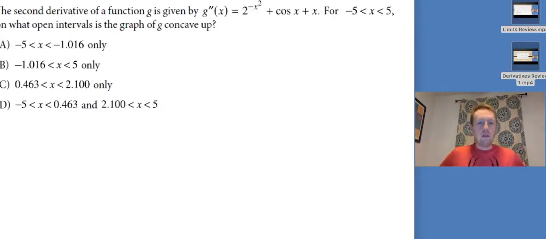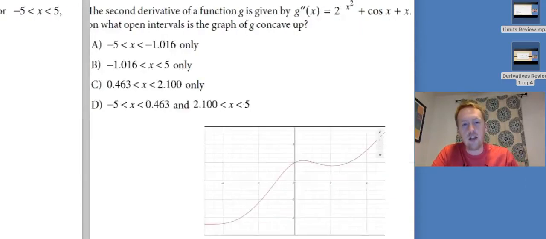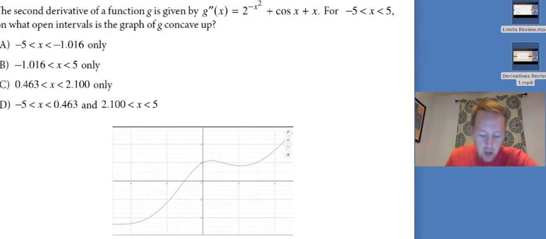The second derivative of a function g is given by g double prime, that expression. For negative 5 to 5, on what open intervals is the graph of g concave up? Well, g is concave up when g double prime is positive. Man, I sure wish I knew when that was positive. I'm on the calculator section. Let me graph it. Okay, this is g double prime.